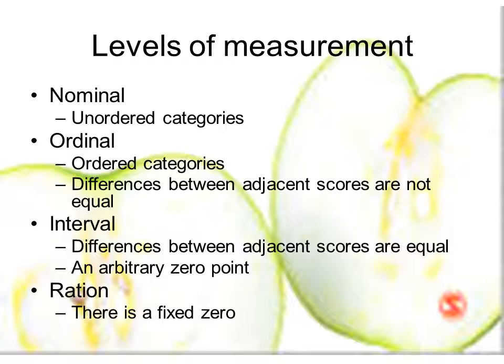So going back to nominal right now, that means something is unordered categories, or there is no order to it. And what we're going to say with that is, if we're looking at something, say boy, girl, male, female, there's no ranking a boy or a girl.